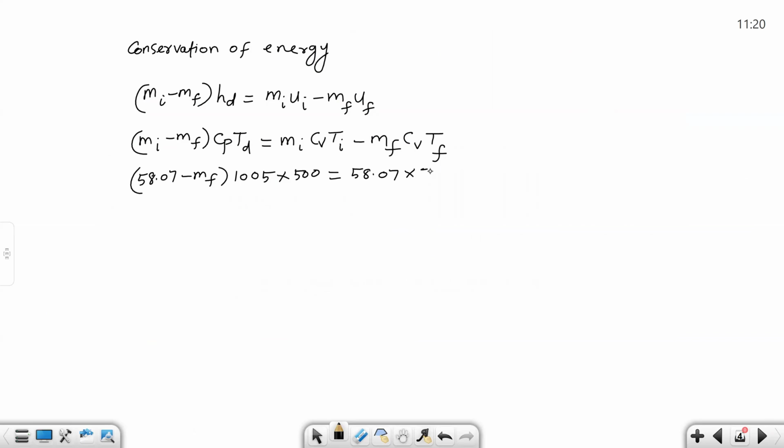Cv is 718. T initial temperature 600 Kelvin given, minus final mass is not known. Cv is 718. T final temperature 400 Kelvin, right? So only unknown is the final mass.